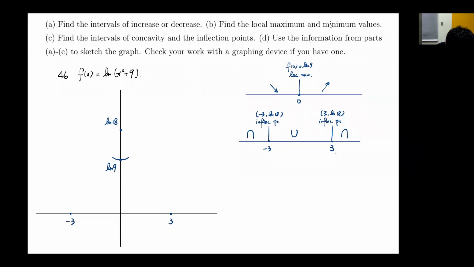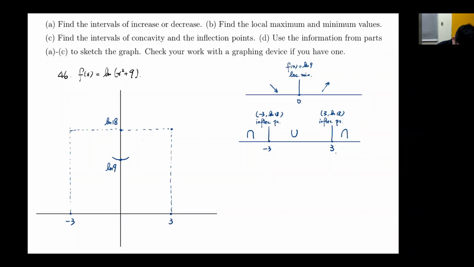So we know the point given by positive 3, natural log of 18, and the point given by negative 3, natural log of 18. These 2 points will be the inflection points.